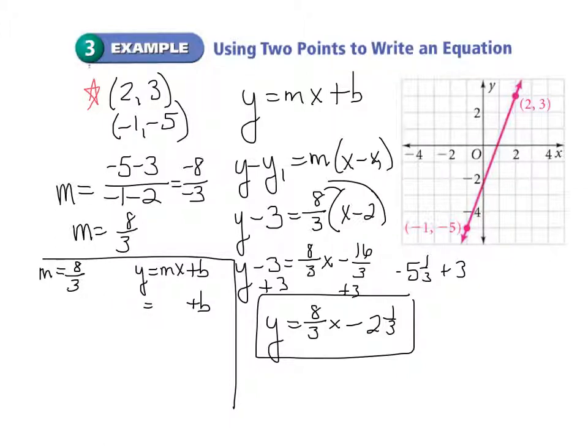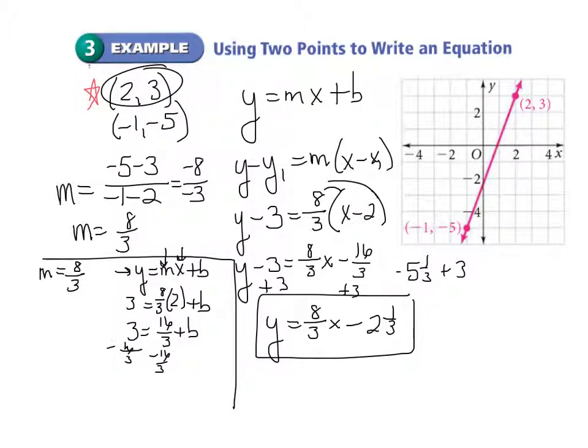So right now I'm going to plug in my m, my x, and my y. So my slope was 8/3. I plugged that in for my slope. My x is 2 from the point up here. And then I get 3. So that gives me 3 equals 16/3 plus b. I subtract 16/3 on both sides.